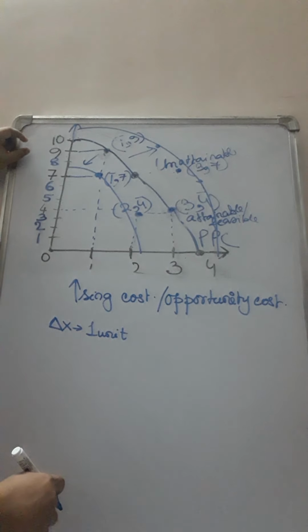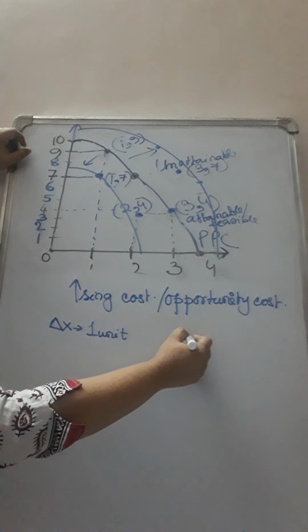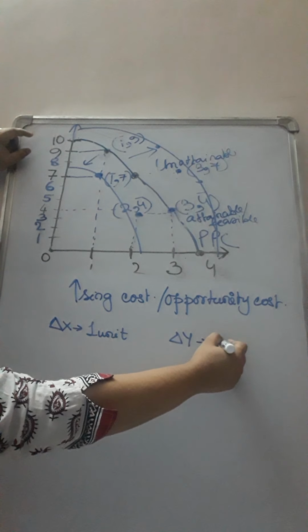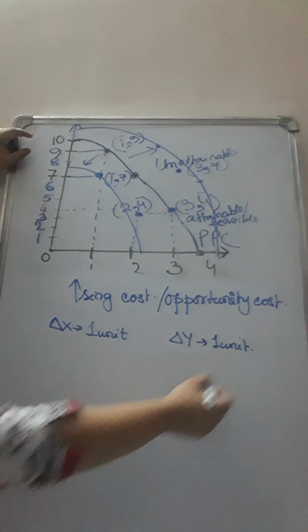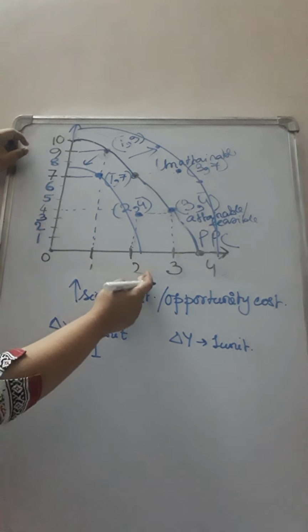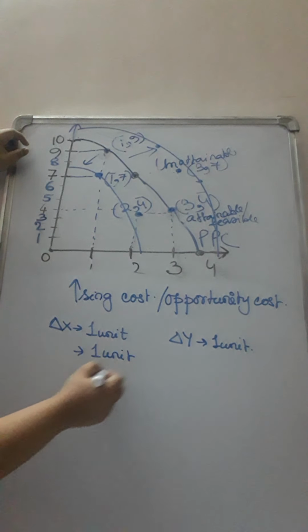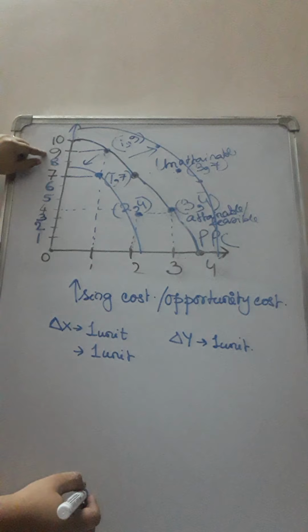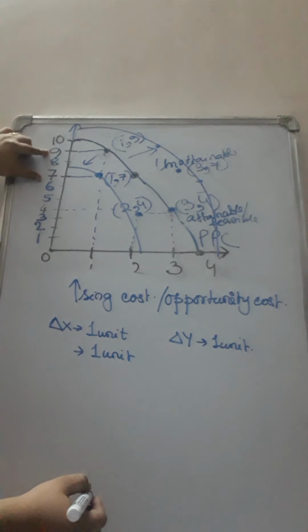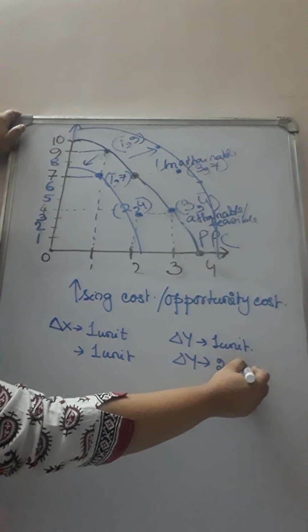You need to sacrifice production of Y. So Y needs to decrease by 1 unit. From 10 it becomes 9. Again, you can see when you increase X by 1 more unit, that is, if you produce 2 units, it is increasing by 1. So Y is decreasing, it goes from 9 to 7. So Y is changing by 2 units.